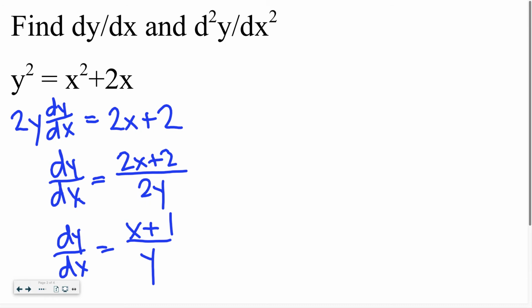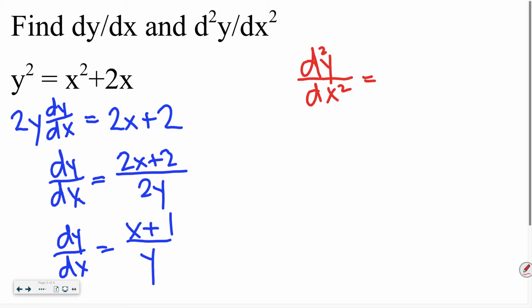Okay. All right, so now we're taking the second derivative, and our process doesn't change. It's just an implicit derivative. Okay, so what do we have for dy dx? We have a quotient. So when we go to take the second derivative, we're going to do the quotient rule.